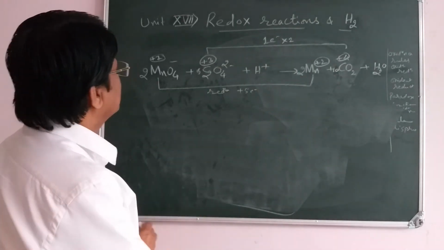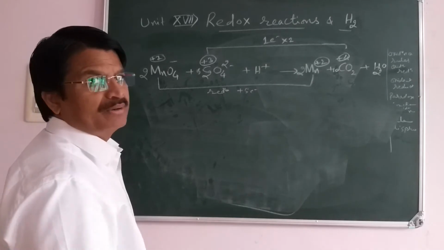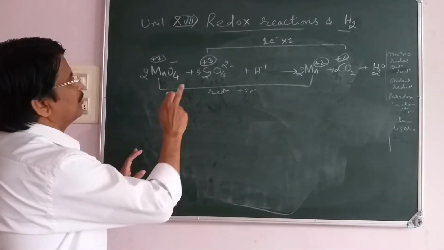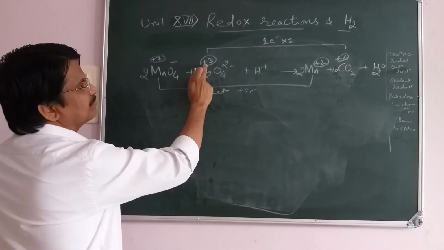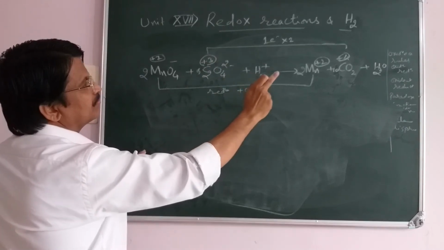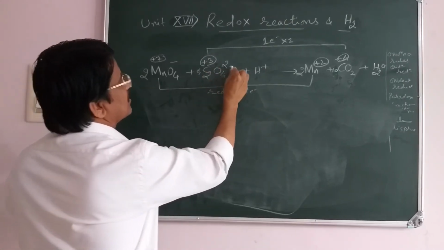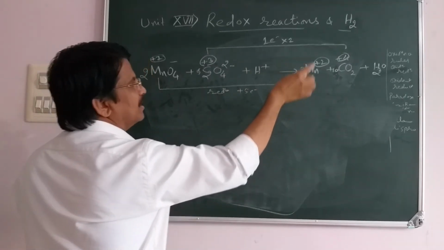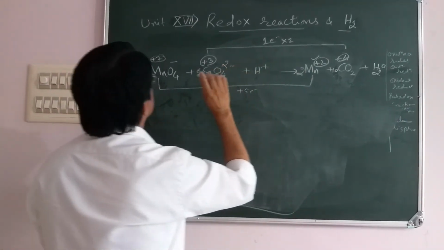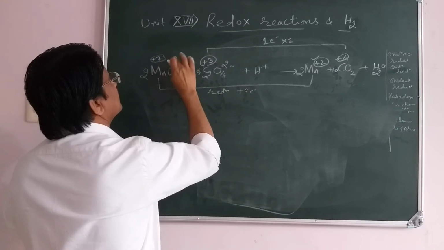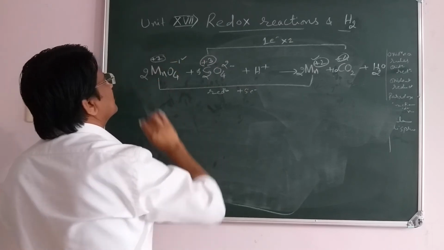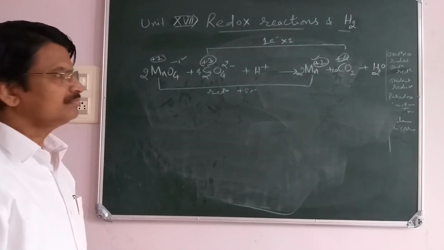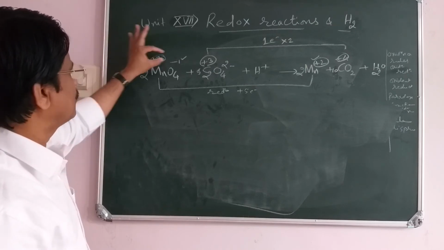Now, whatever charges are there, I wrote the oxidation numbers separately. This is the charge, oxidation number and also charge. Don't confuse. These are oxidation numbers.